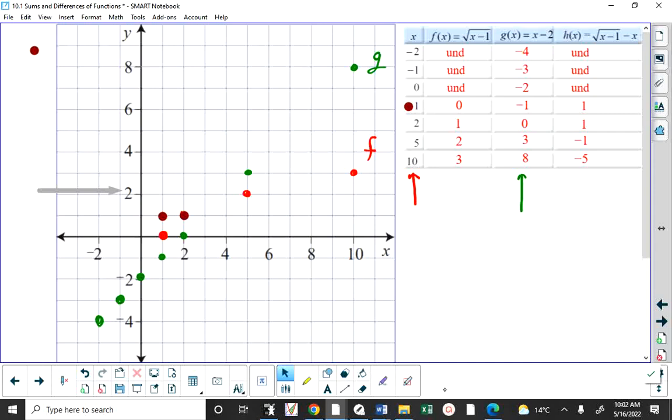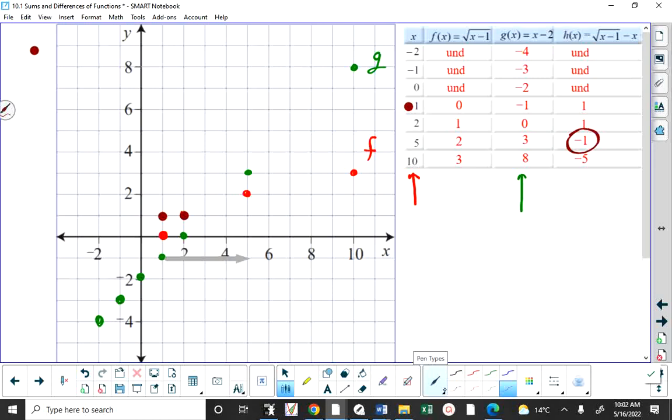If I go to the next one, the y coordinate on red, which is f, is 2, minus the y coordinate on g, which is 3. 2 minus 3 is negative 1, and if you look up here, there's the negative 1.